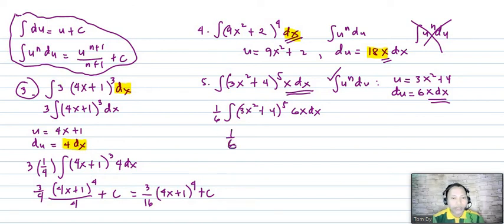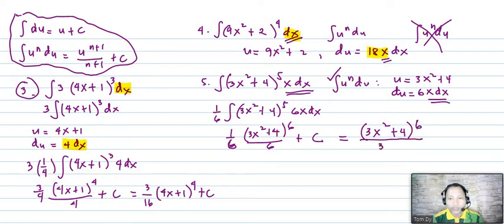And then the integral of u to the n du equals u, 3x squared plus 4 raised to 6 over 6 plus c. Our final answer is 6 times 6, 36. So you have here 3x squared plus 4 raised to 6 all over 36 plus c. Okay.